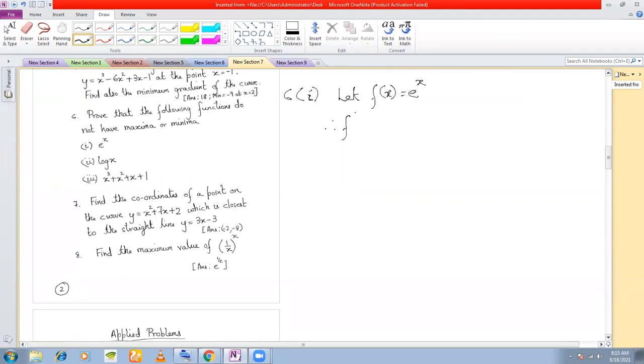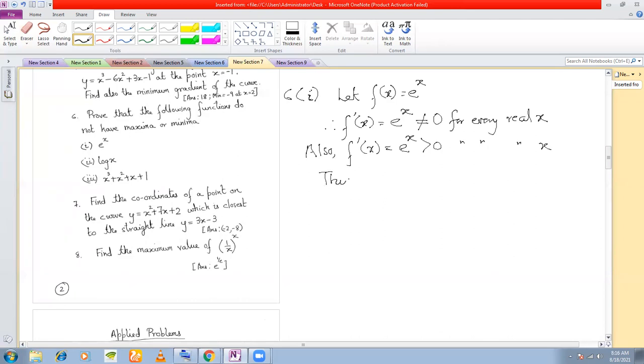Therefore, first derivative is f dash x, which is equal to e to the power of x, right? Now e to the power of x is not equal to 0 for every real x. Also, e to the power of x, the first derivative, is positive for every real x.